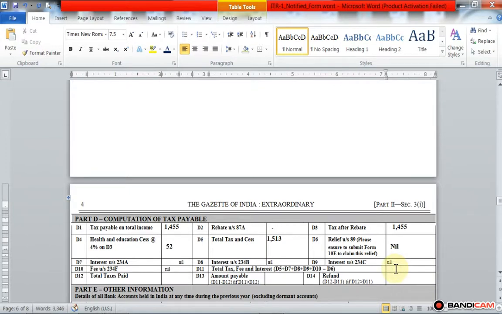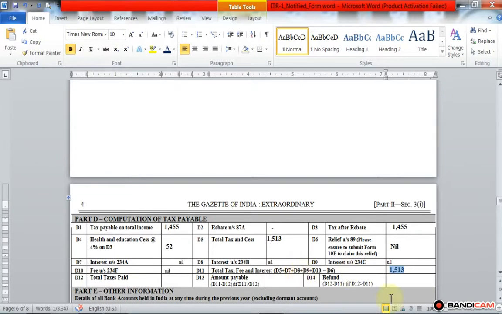Now here total tax, fee and interest amounted to rupees 1,513. Sorry, extremely sorry, 1,513. Okay, 1,513 is the tax.